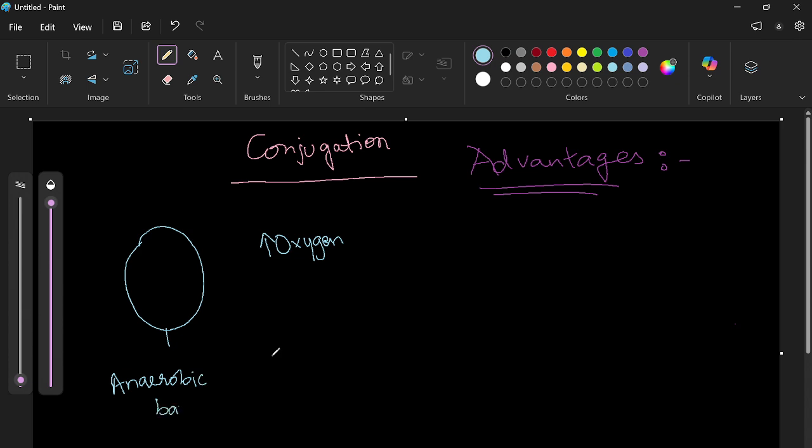So I'm explaining the second point which I've discussed, the protection point: how do these plasmids help the bacteria in surviving and reproducing in harsh environments. So just suppose that this bacteria has been placed in a sudden environment where there is a high amount of oxygen, okay, in the environment.